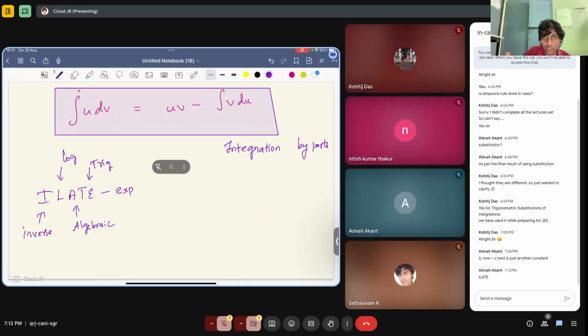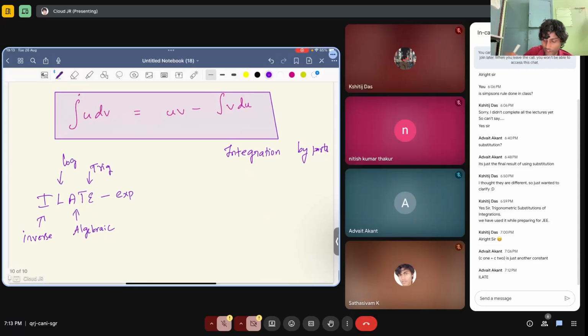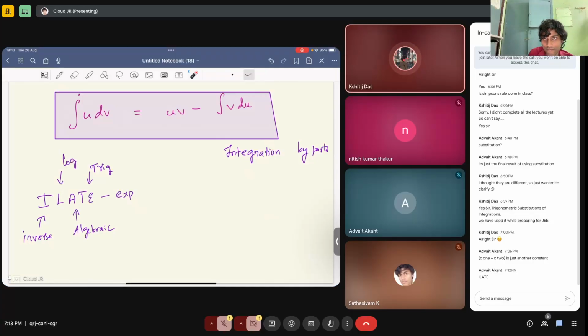I mean, which one should we take first? Inverse is what we take first, right? Okay, can you explain for v or u which choice you take? These are the choices for v, and it's given priority from left to right. Okay. Thank you. I hope I remember it correctly.